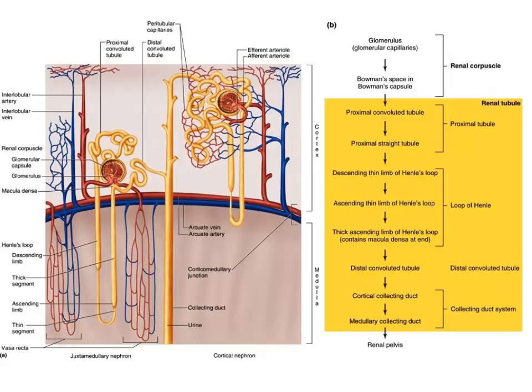The fluid from the blood, which is of blood but not the same as the blood, goes into the Bowman's capsule, then into the proximal convoluted tubule, proximal straight tubule, the descending limb of Henle's loop, the ascending limb of the loop of Henle, into the distal convoluted tubule, then into the cortical collecting duct, the medullary collecting duct, the renal pelvis, which is where all the collecting ducts go into, and then we would go to the ureter. So each kidney would have one ureter, 2 ureters, down to the bladder, and then from the bladder out of the body through the urethra.